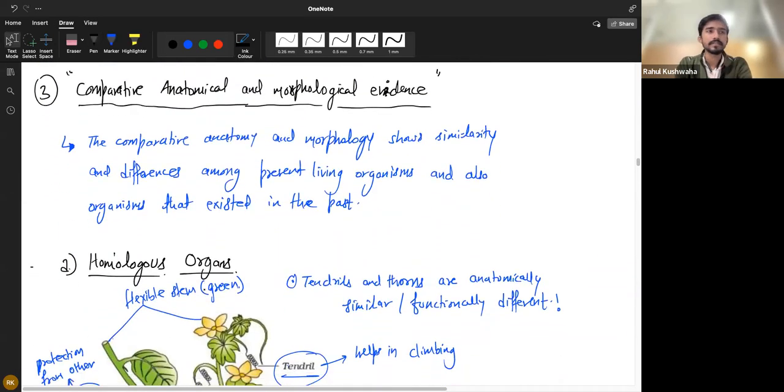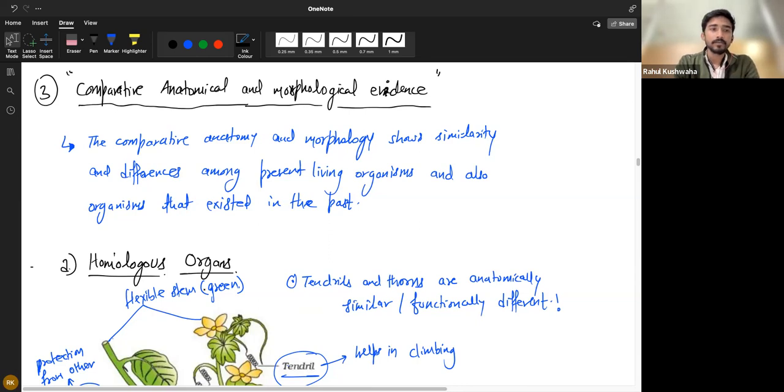The third thing we went on to see is, among the life that we have currently around us, there is comparative evidence. If we compare the anatomy and morphology of different organisms, we will see comparative anatomical and morphological evidence that tells us about the differences and similarities between the present living organisms and also the organisms that existed in the past.